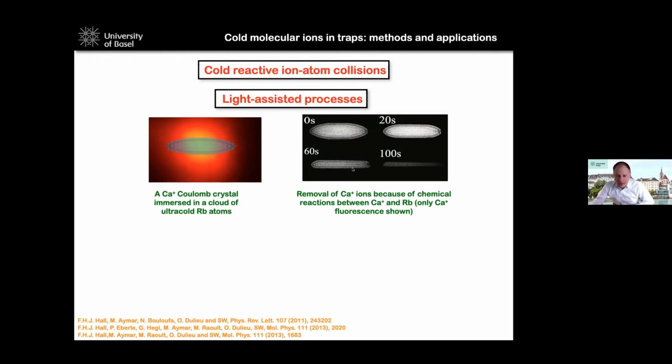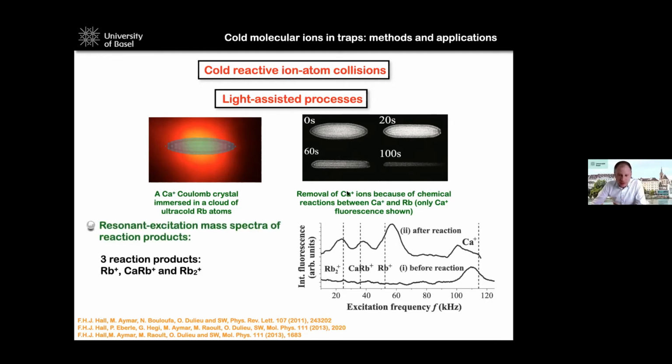The interesting question is now, of course, okay, this is clearly some reactive process that's going on, right? The calcium ions are transformed into another chemical entity, whatever it may be. So the first question, of course, is what is this chemical entity? And what one can do is turn the ion trap into a mass spectrometer in a very similar way as we've already discussed in my first lecture.